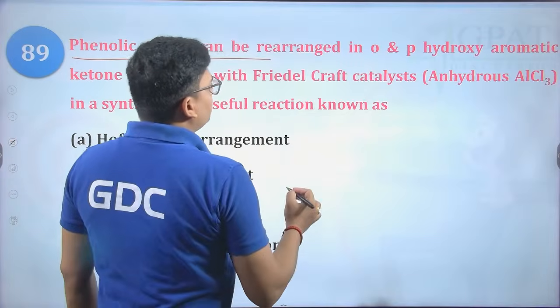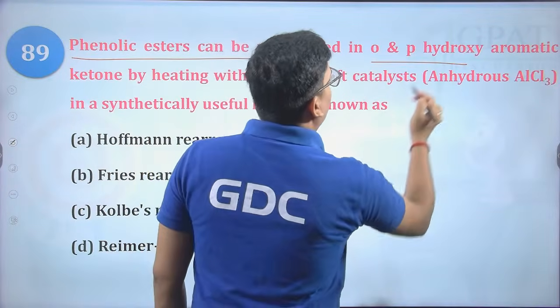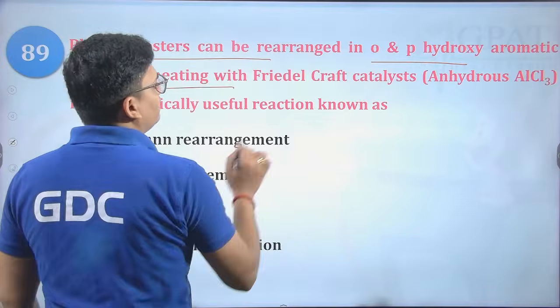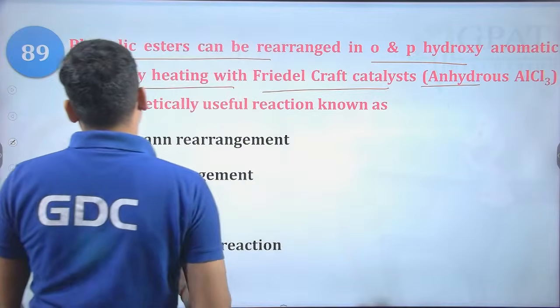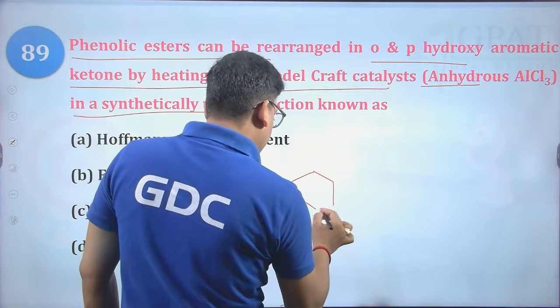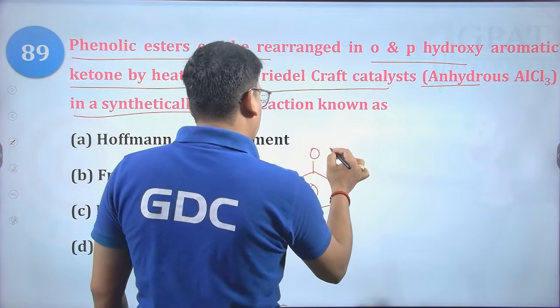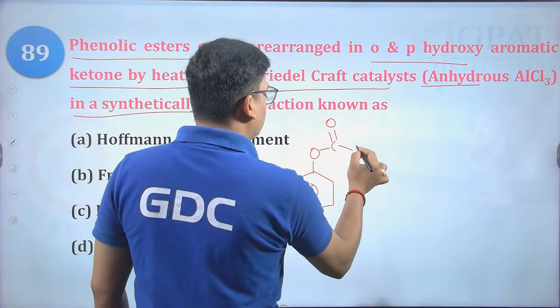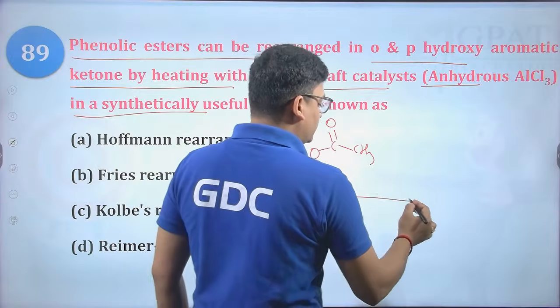Phenolic esters can be rearranged to ortho-para hydroxy-aromatic ketone by heating with Friedel-Crafts catalyst, that is anhydrous AlCl3, in a synthetically useful reaction known as... So here we are having the phenolic ester, O, C double bond O, CH3. Let's suppose we are having this one.